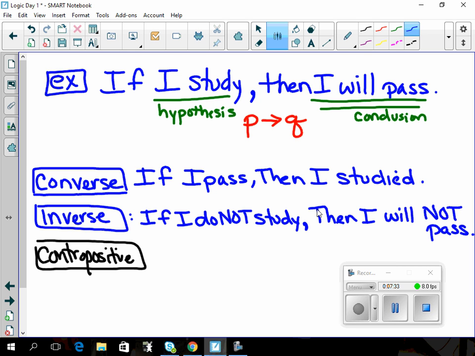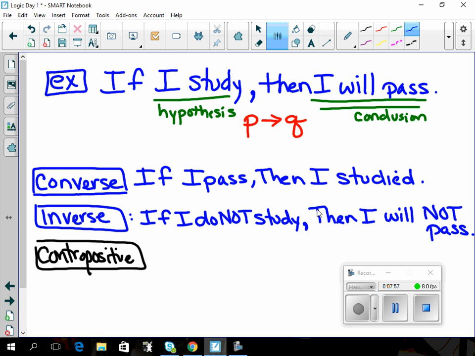So if it said, if I do not study, what would be the negate? I'm introducing the orange cards today, and everyone will get 5 orange cards before we leave. I'll get a signature on your passport. Some of these have that, so I just wanted to tell you. So if it already has a not, you take it out.